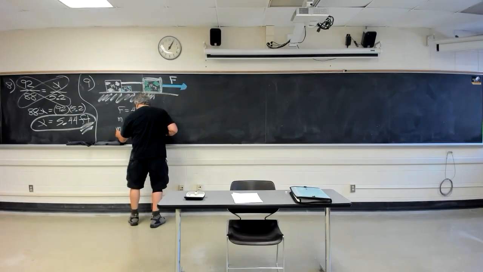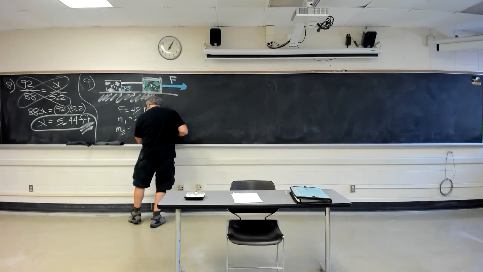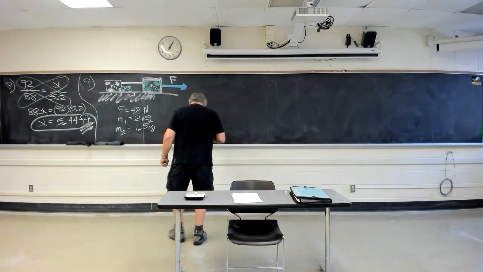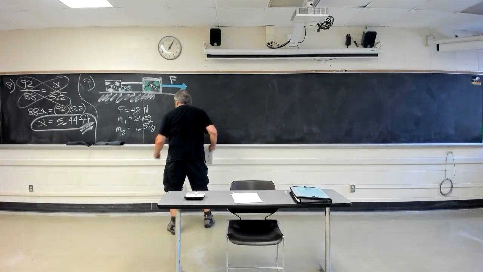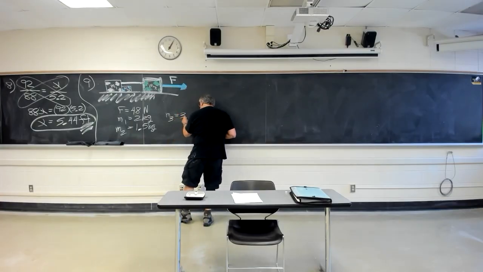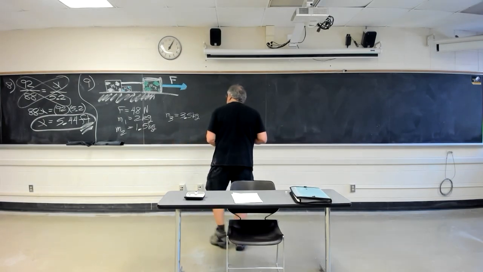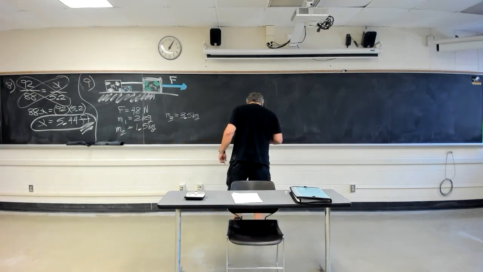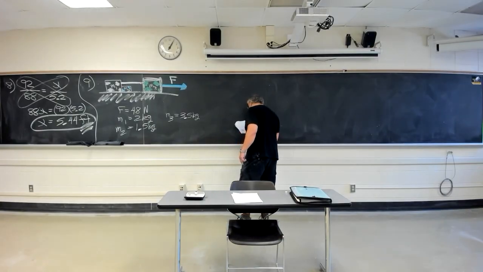M2 is 1.5 kilograms. M3 is 3.5 kilograms. Okay, I think we more or less got this under control that way. What is the tension in the cord?